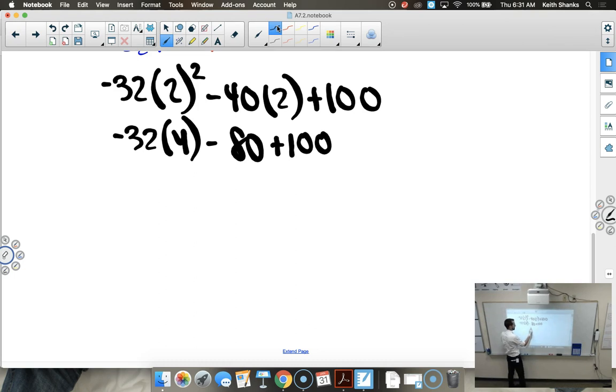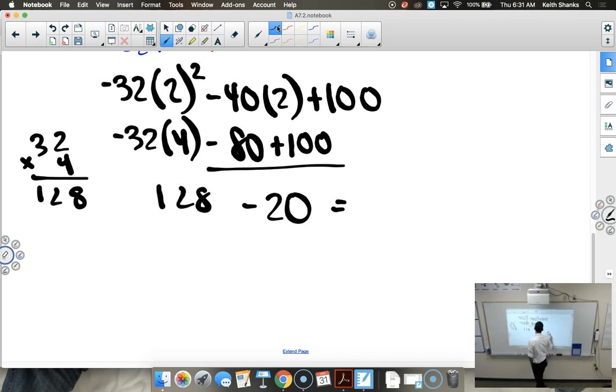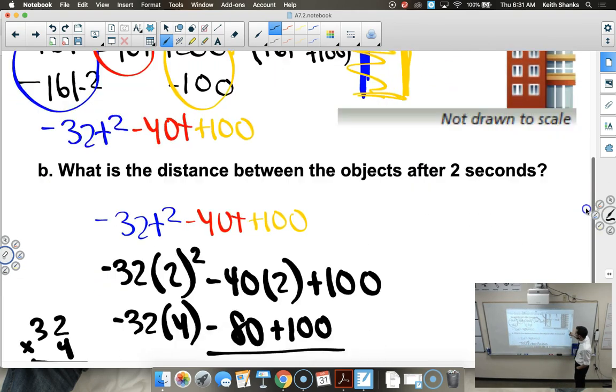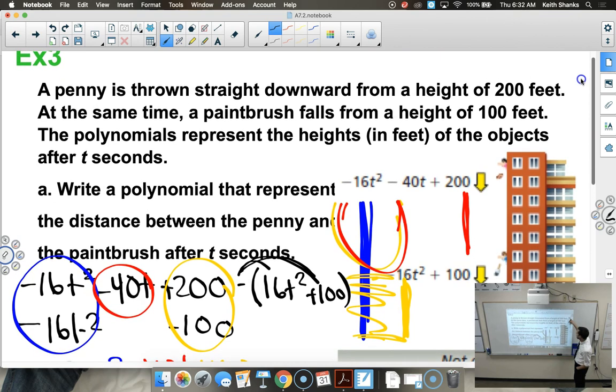I'm going to do these really quick because I can do that easily in my head. And then 4 times 32. Just make sure you're careful with your math on each step. 128. 108, and I want to make sure it is feet.